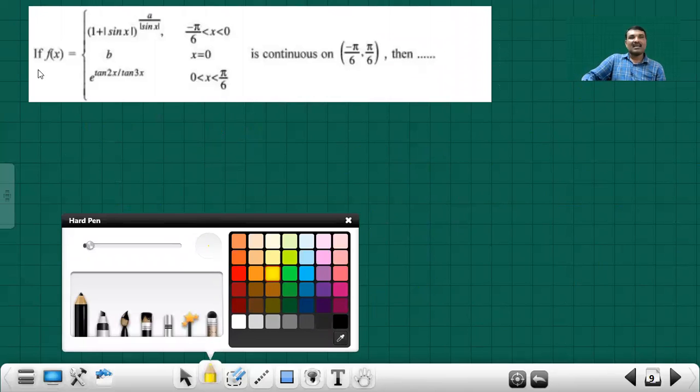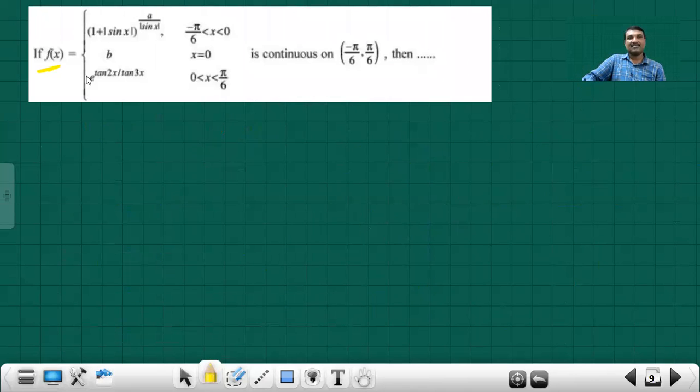Now what is this problem? F of x is given, and they are given this is continuous in this interval, minus pi by 6 to pi by 6. This angle is minus pi by 6 and this angle is pi by 6. Now we want to find the value of this constant a.